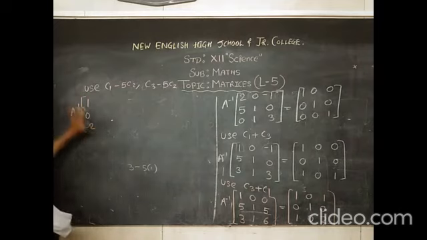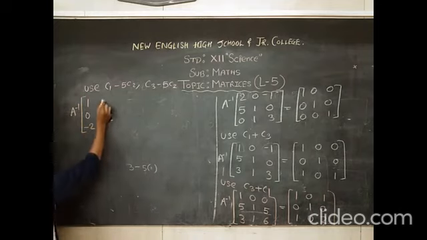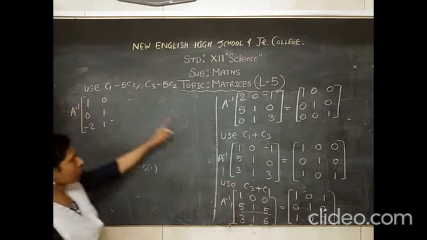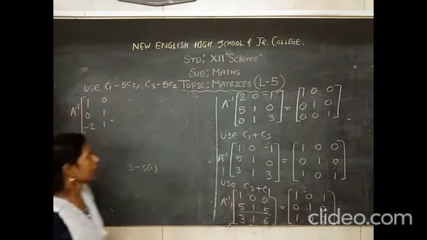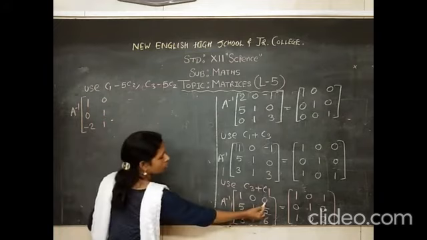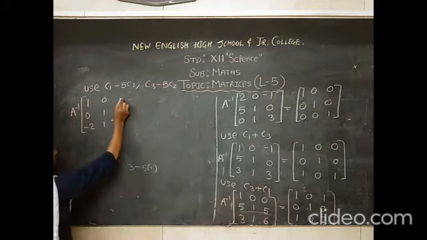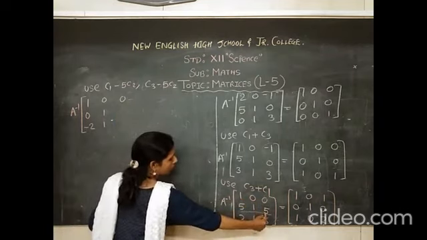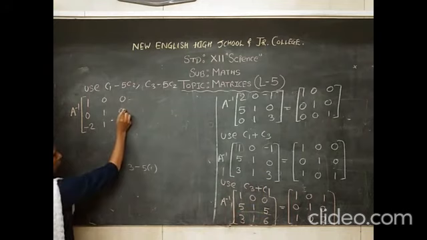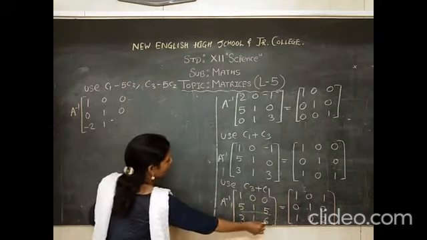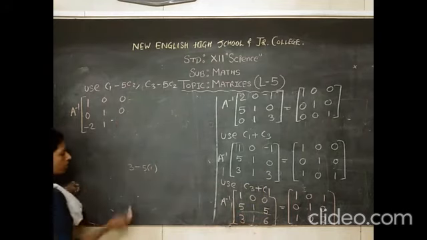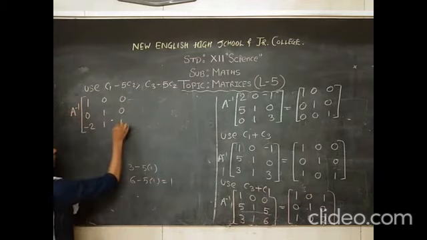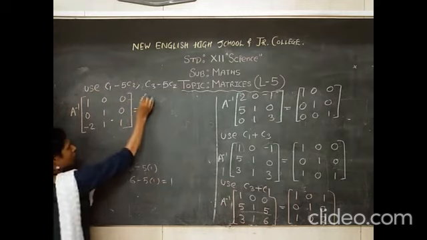C1, we are done. C2, no change: 0, 1, 1. Let us come to C3, C3 minus 5 times C2. 5 minus 5, this is 0. And 6 minus 5 times 1, that is 1. Done. Equals to.